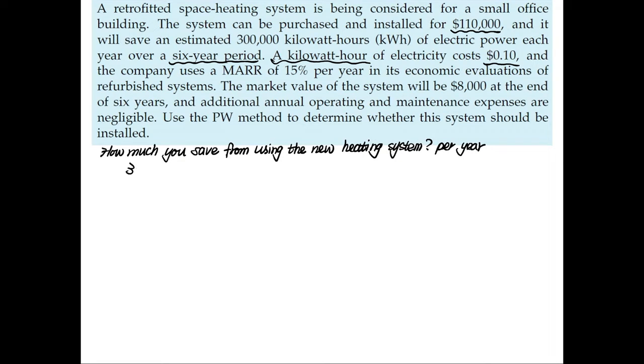That is what? That is 300,000 kilowatt hours times 0.10.